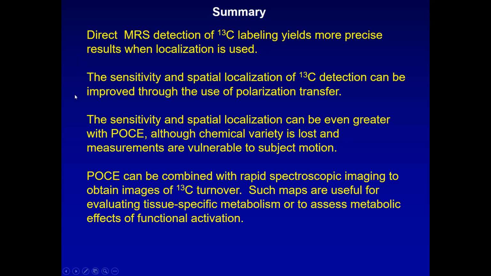So the sensitivity and the spatial localization of C13 detection can be improved if we use polarization transfer. NOE helps, but this goes even further, and the localization advantage is a very important factor. And we can do even better with sensitivity and localization if we go to an indirect detection method like POCE, proton observe, carbon edit.